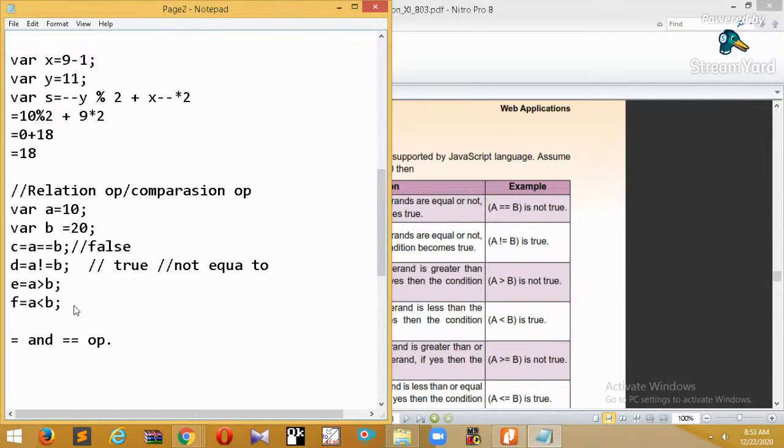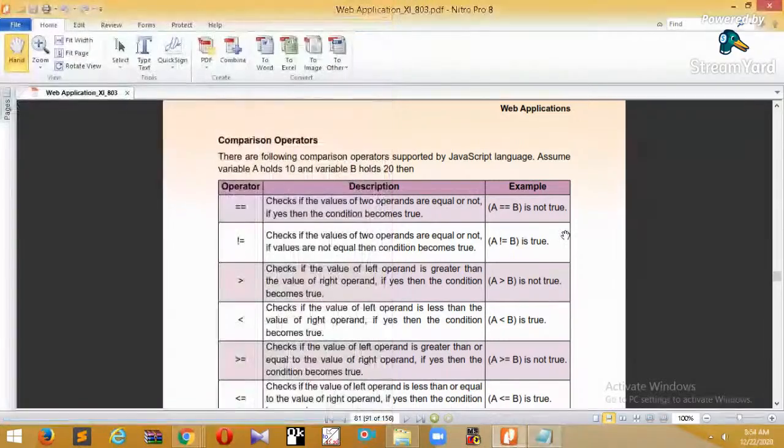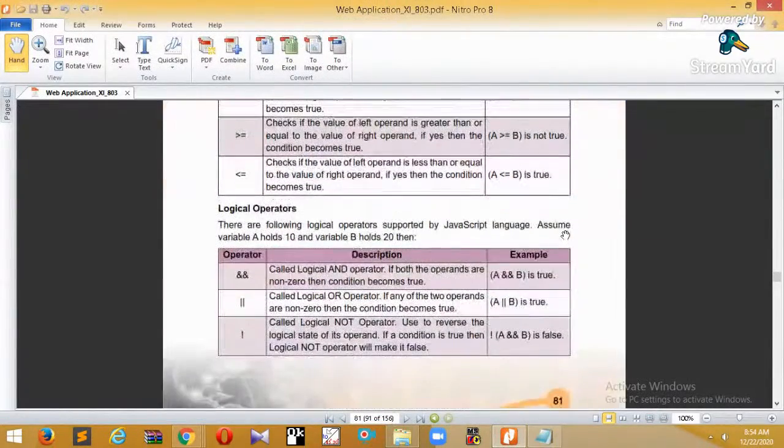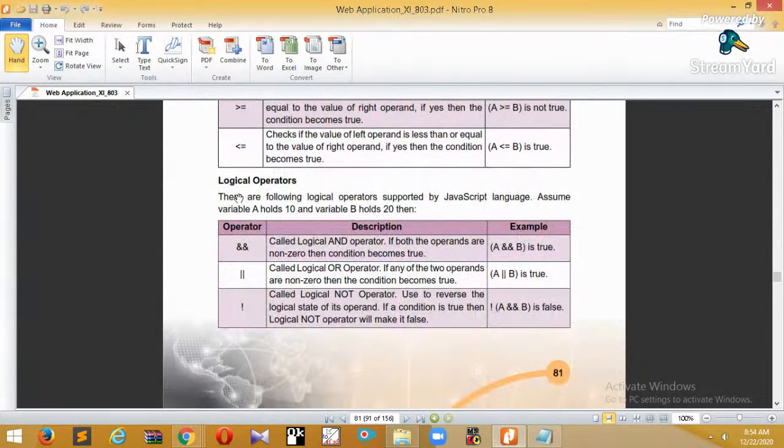Can anybody explain? Very good. Which actually compares two values. That is absolutely correct.